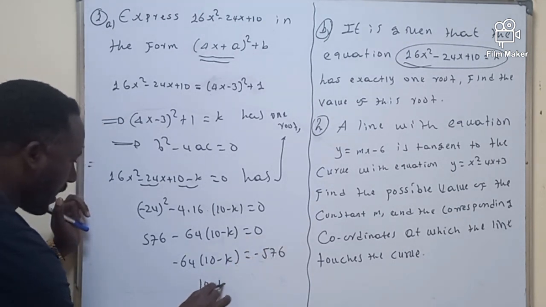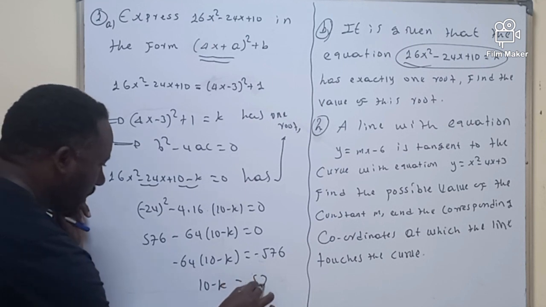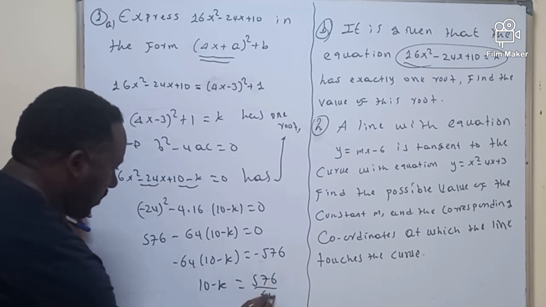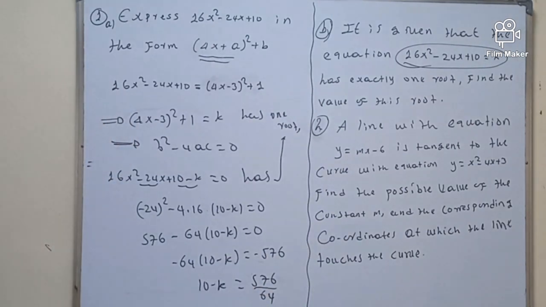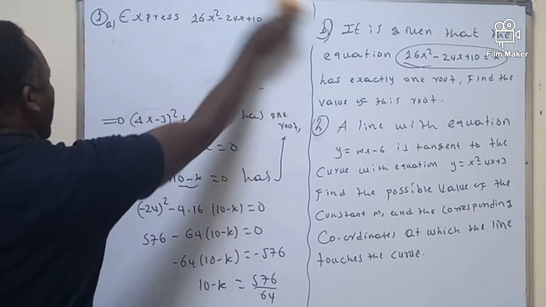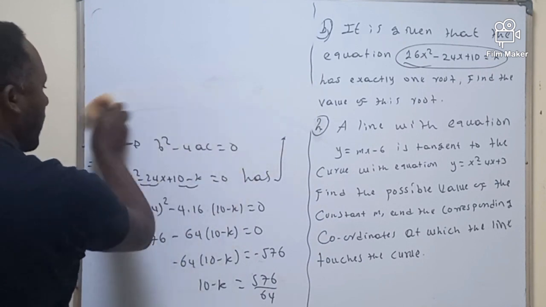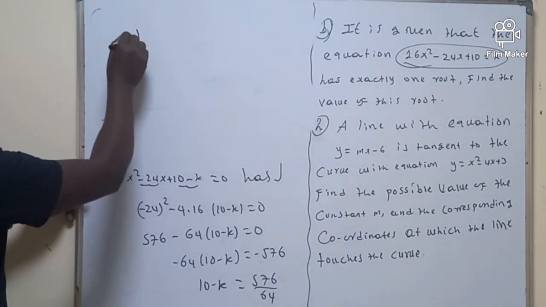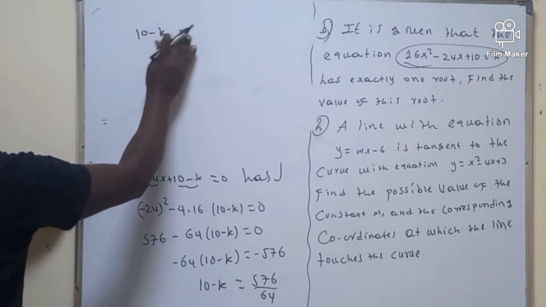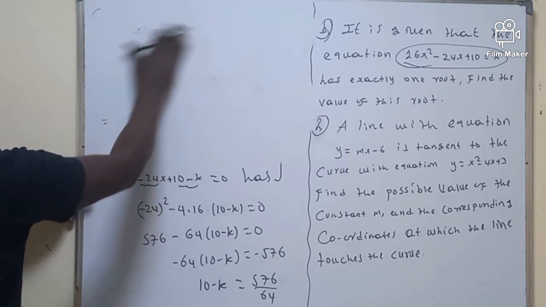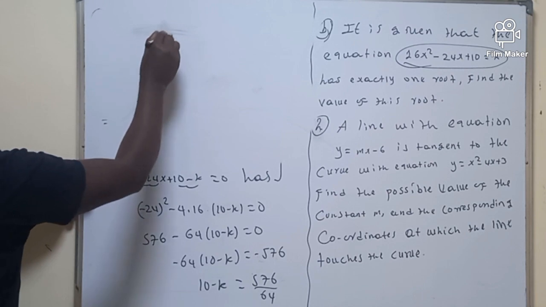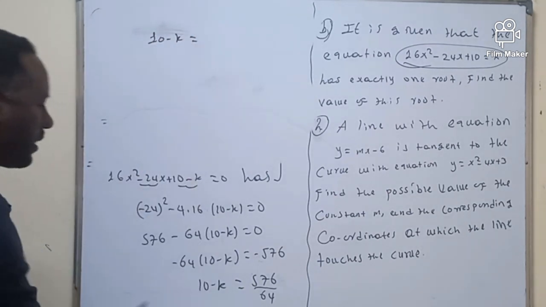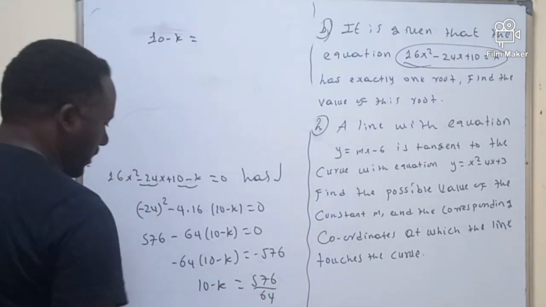So 10 minus K is 576 over 64, because negative by negative cancels out. And finally we have 10 minus K equal to the result of this.